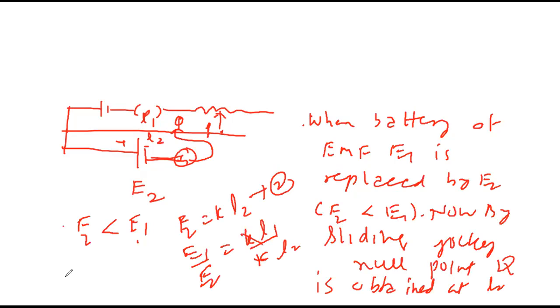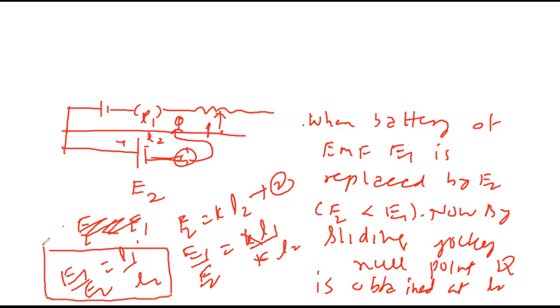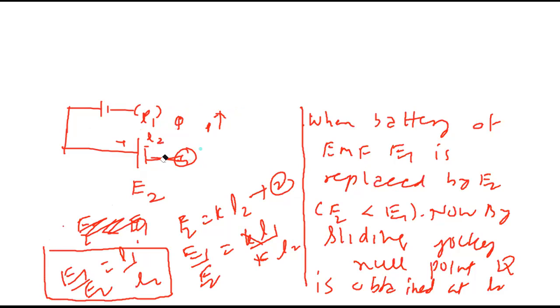Therefore, E1 upon E2 is L1 upon L2. So knowing L1, L2, EMF of two cells can be compared by individual method. Individual method means we didn't connect both batteries together. First we connected E1, got balancing length, then we connected E2, got new balancing length, then ratio E1 upon E2 is L1 by L2. Followed?